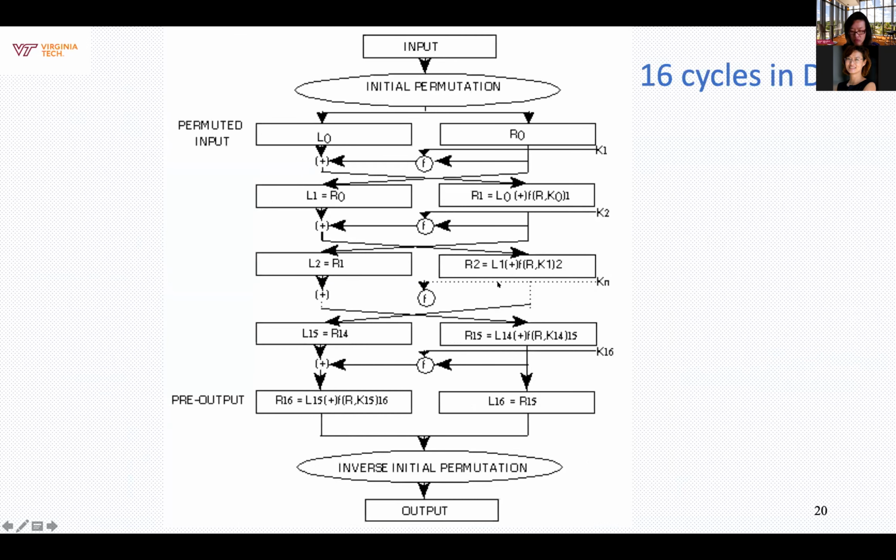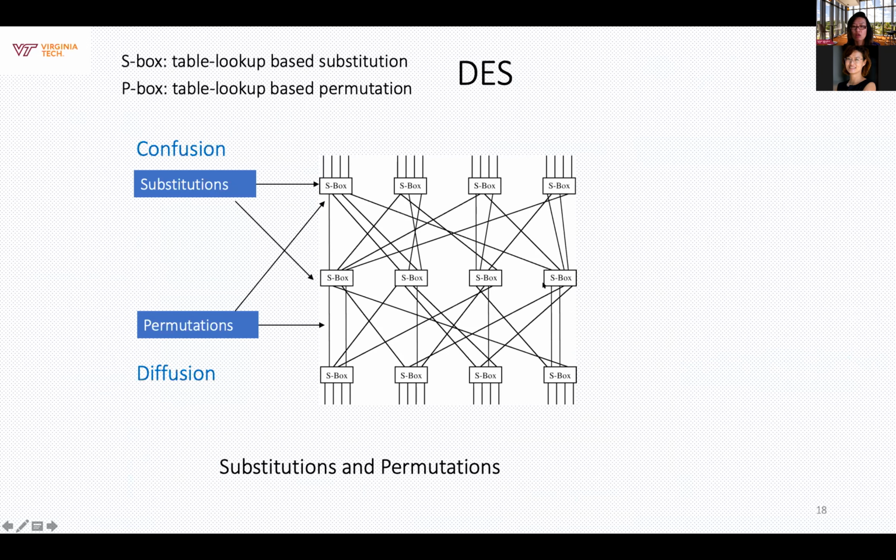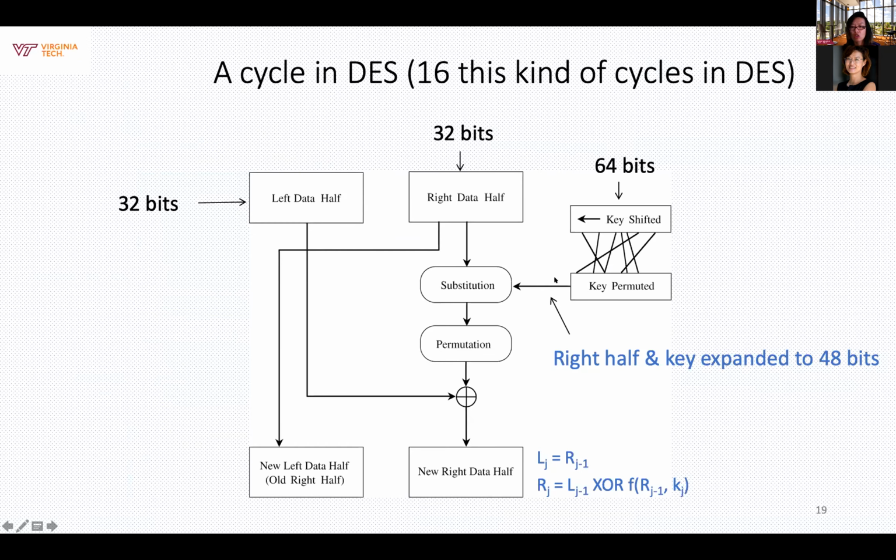And you notice that before going into the substitution, things will be expanded to 48 bits. You see this right half is 32 bits, but then at some point there's an expansion of this to 48.